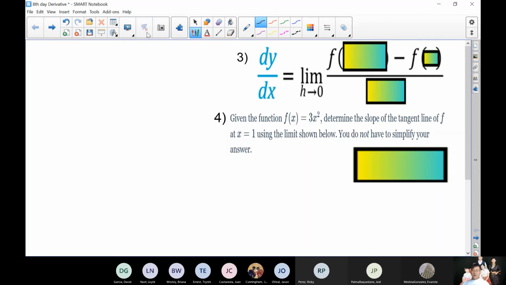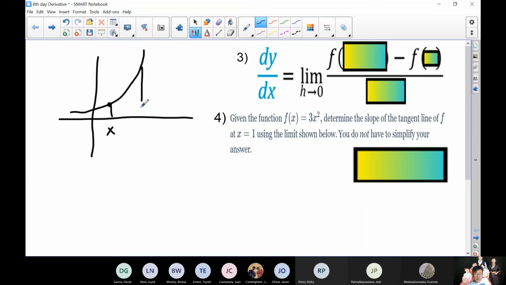Now, do you remember what we did with h? Here is x. This is x plus h, the distance from here to move h.